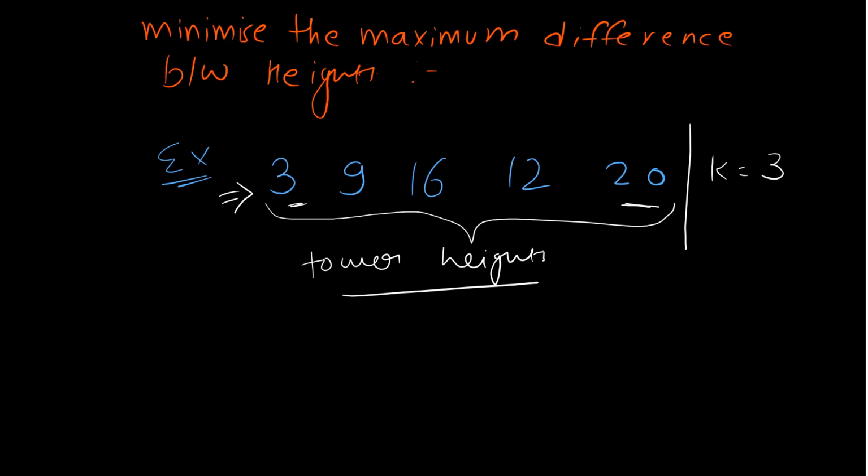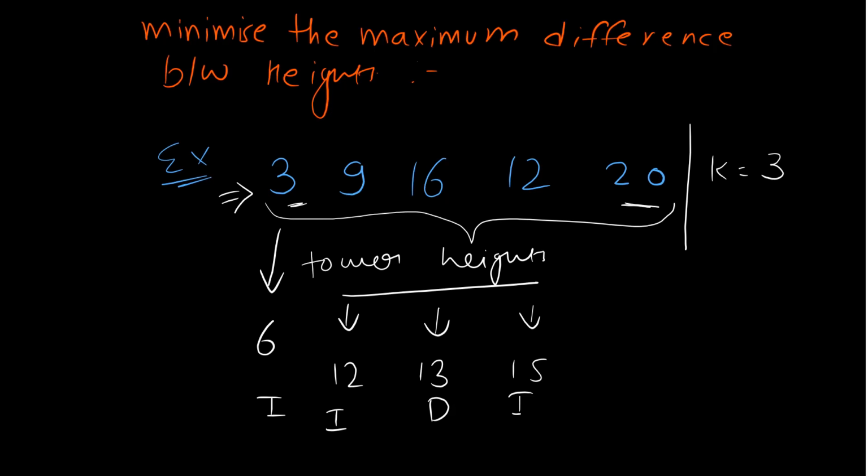Suppose we increase the height of this tower, so it will become 6. We increase the height of this tower, so it will become 12. Suppose we decrease this, so it will become 13. Suppose we increase this, so it will become 15. And suppose we also increase this, so it will become 23.